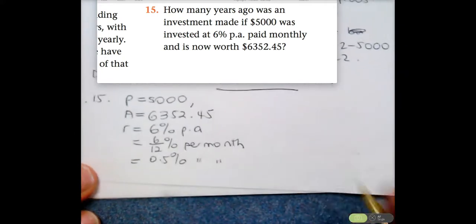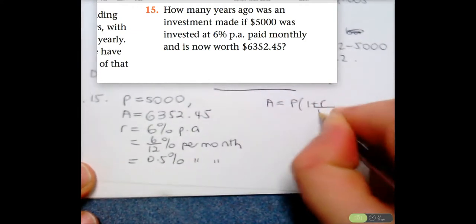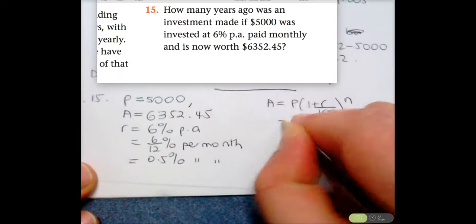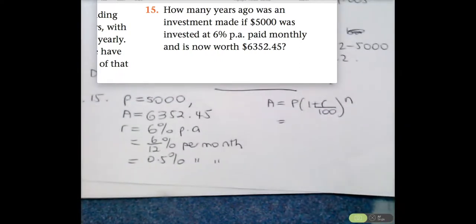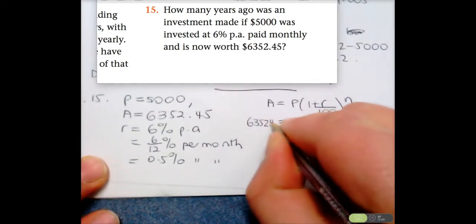Now, when you use the compound interest formula here, A equals P, 1 plus R over 100 to the N, your N is going to come out in what units? Months. Okay? So when they want to know how many years ago, you're going to have to convert it back to years. Okay? So A is 6,352.45.